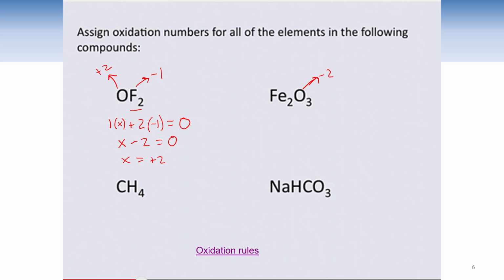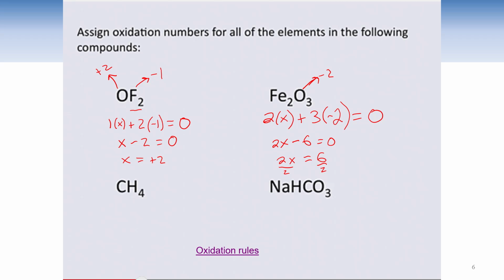Now the sum of this whole thing has to equal 0, so we have 2 irons, which I'm going to just put as X, plus we have 3 oxygen, and oxygen was already determined to be -2, and we're going to set that equal to 0. So 2X minus 6 equals 0. 2X equals 6, divided by 2, divided by 2.